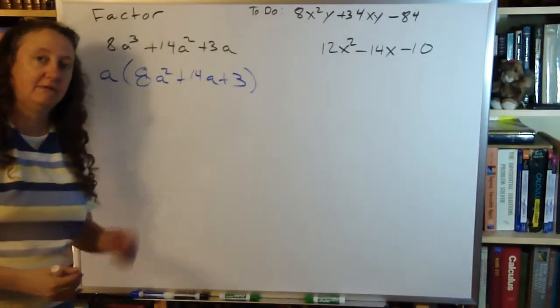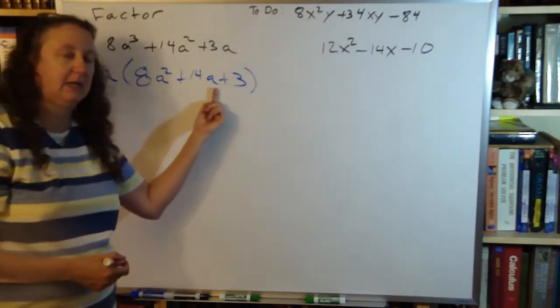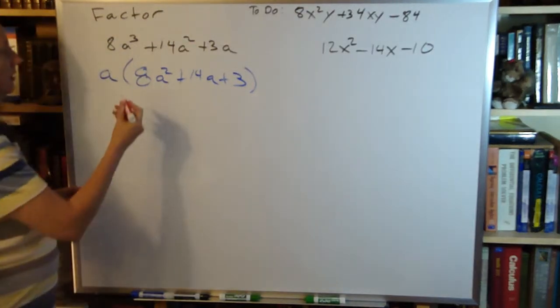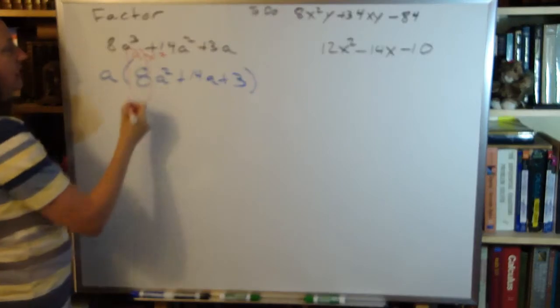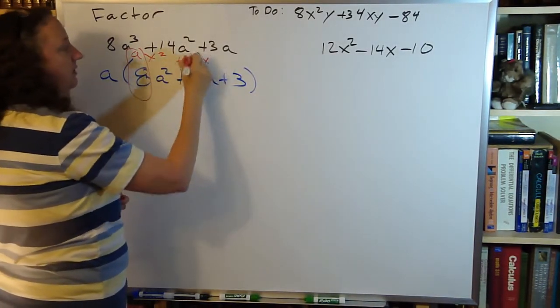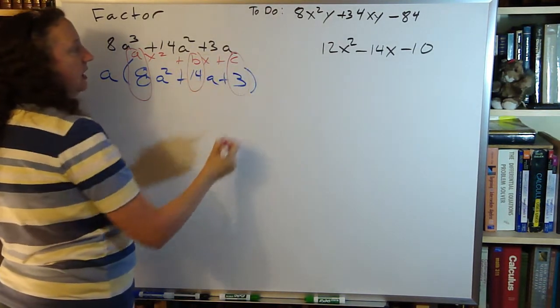Now that I have that factored out, I can look at it as my ax squared plus bx plus c and identify my a, b, and c. So I have ax squared, I see a is going to be 8, plus bx, I see my b is 14, plus c, I see that c is 3.